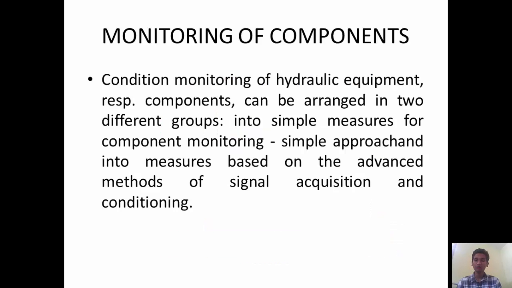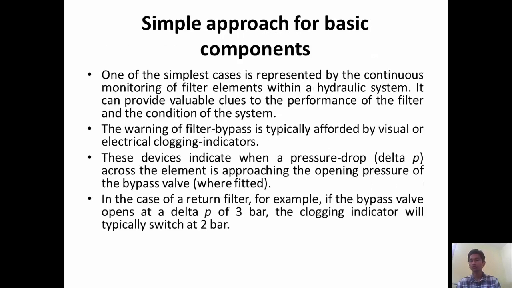We have to see not only the oil but also the components involved, and for that we have to do condition monitoring. Condition monitoring of hydraulic equipment components can be arranged into two groups: a simple measure for component monitoring, or a simple empirical measure based on advanced methods of signal acquisition and conditioning. The first is the simple approach for basic components. One simple case is the continuous monitoring of the filter element within a hydraulic system.